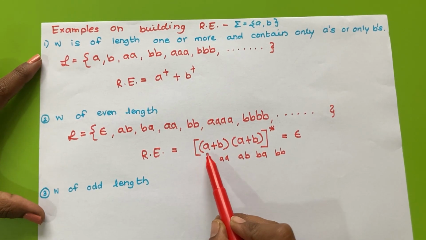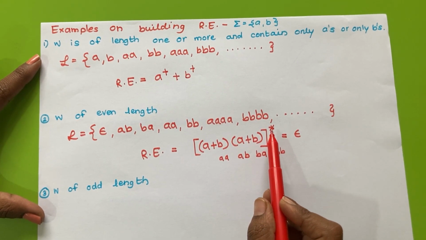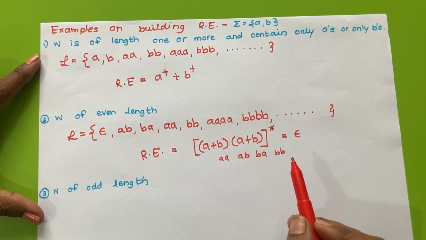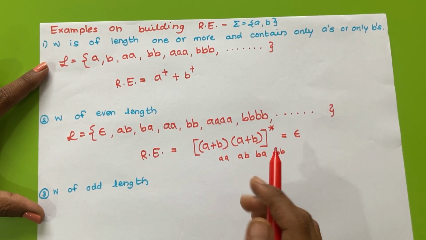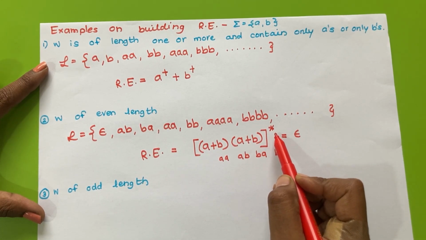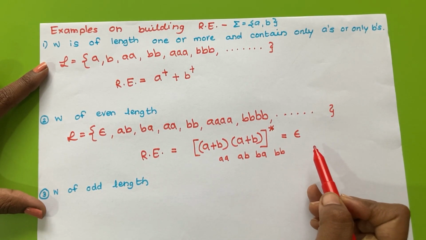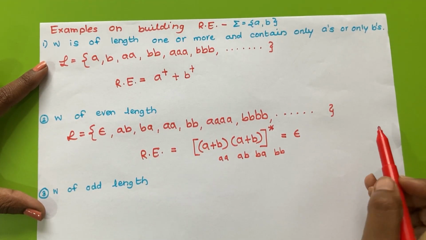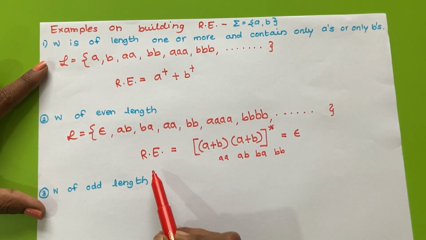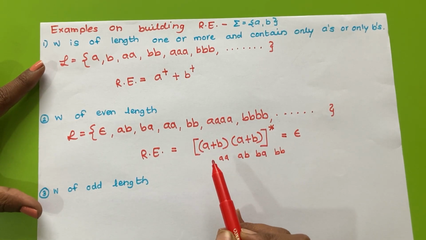When this bracket is there 3 times, then length-6 strings will be generated. Then if the power is 4, then length-8 strings will be generated, and it will go on repeating. So even-length strings will be generated by using this regular expression.